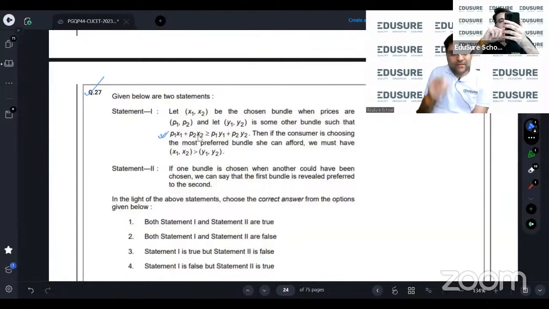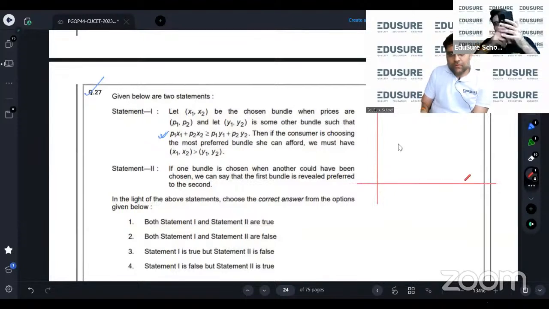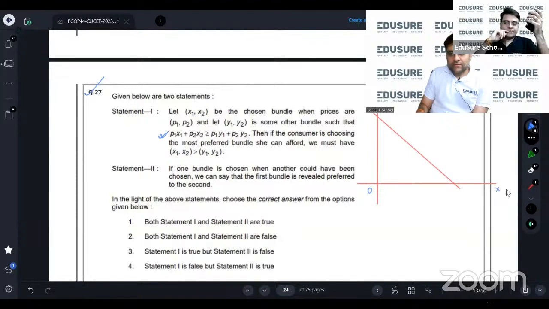So this basically means that y1, y2 is affordable when x1, x2 is chosen. So it's something like this. We have a particular budget line.